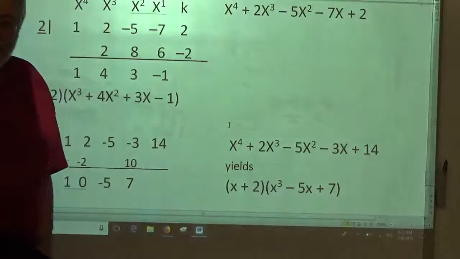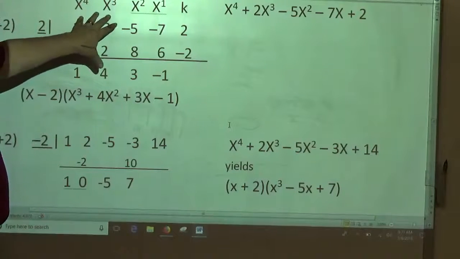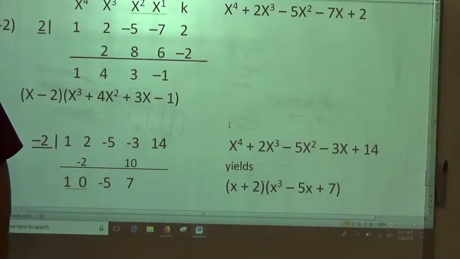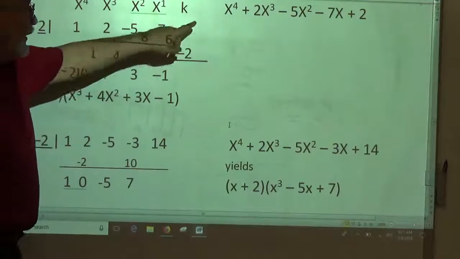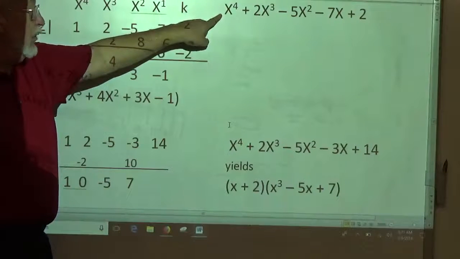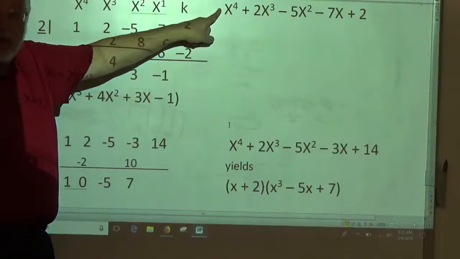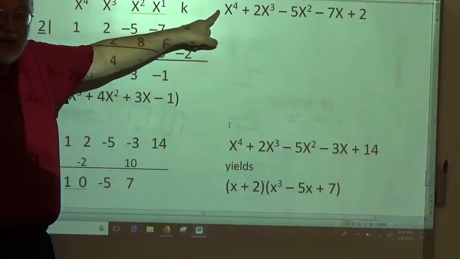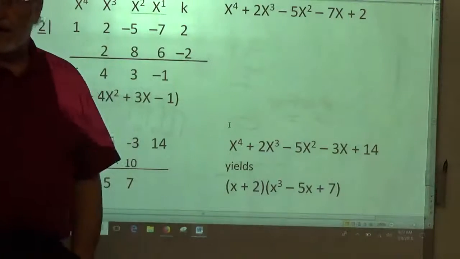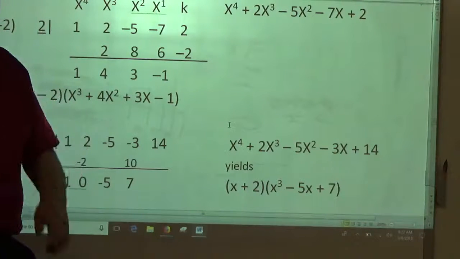Okay, so let's go back and review just a little bit. All right, this is what we worked on: synthetic division. Now, synthetic division is what you have to start with when you are factoring a large polynomial. Like if this was my polynomial and it starts with a 1x to the fourth or 1x to some power, then you can use synthetic division on it if you want to try to find the binomial that will go into it.